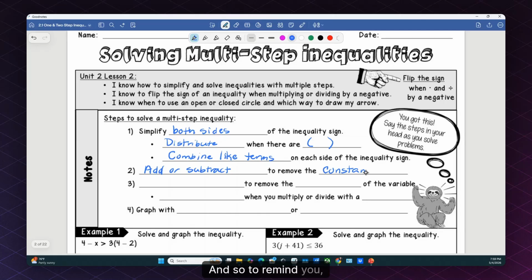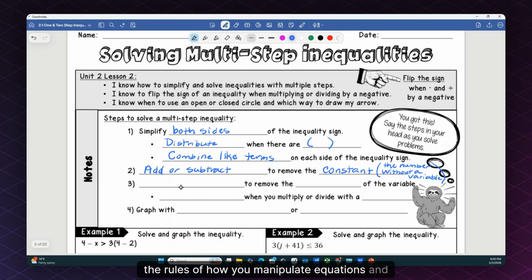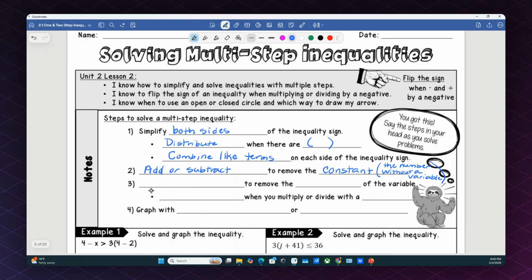And so to remind you, the constant is just the number without a variable, so without a letter. The next part of this is to get all the numbers together that don't have a variable. And when I say add or subtract, it sounds imprecise, but it's following the rules of how you manipulate equations and inequalities. And so I'll point that out when we get to solving.